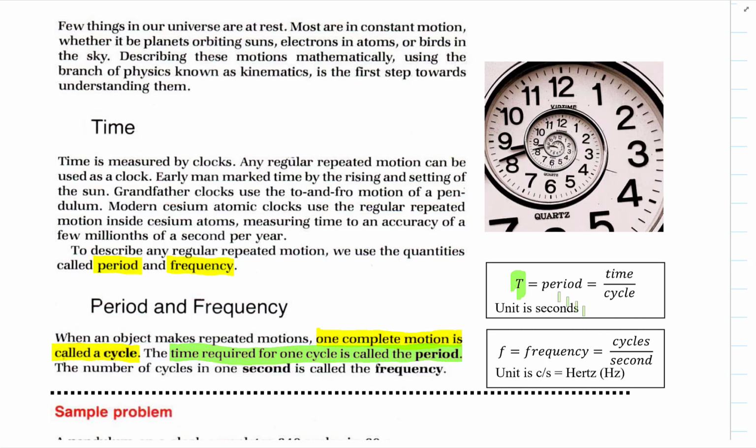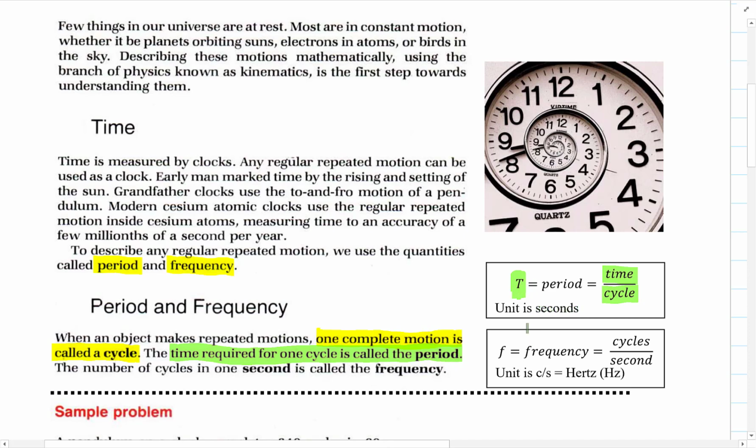So T is the letter that we use for period, capital T. It's the time per cycle. We usually just measure it in seconds, but it could be seconds per cycle. The seconds per one cycle. And that's the period. Okay?